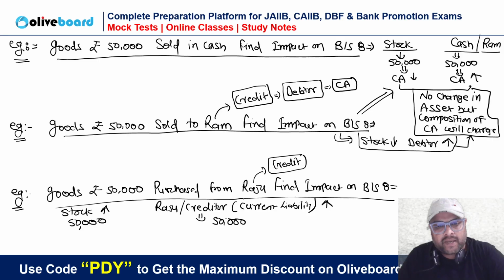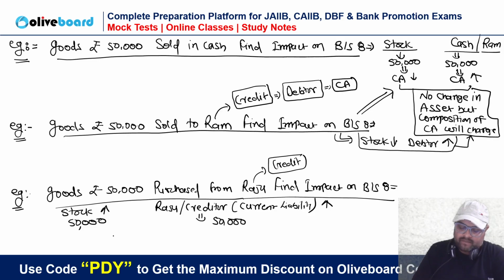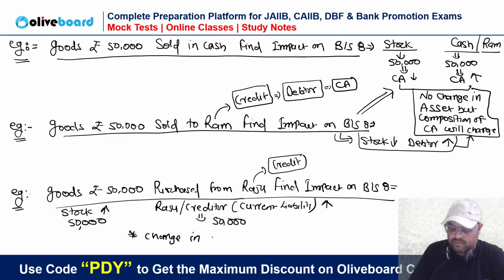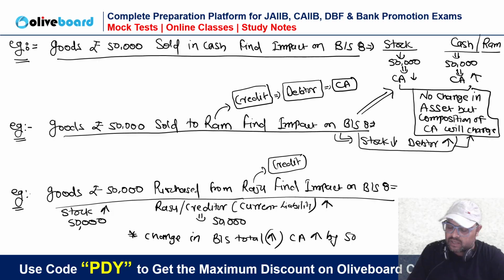So the impact on the balance sheet, the answer will be like change in balance sheet total. Balance sheet total will increase. Current asset increased by 50,000 due to the stock.